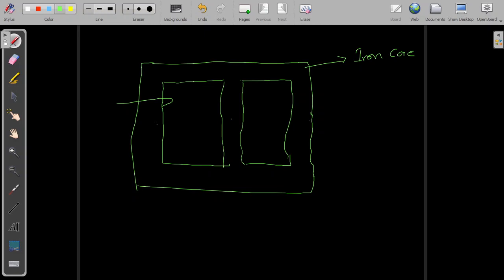Total three limbs we have, and we are winding a coil on the outermost limb, like this. And current I is allowed to flow through this winding in this direction.